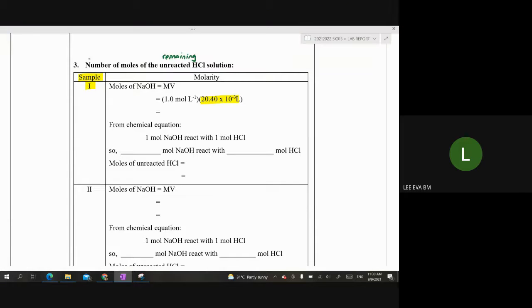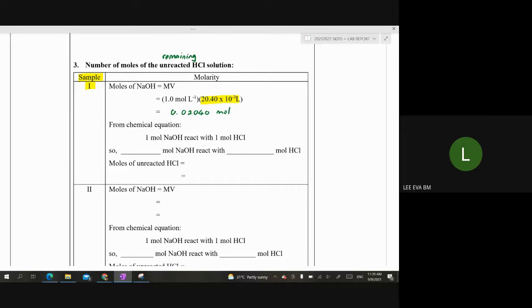Okay, let's just continue. So calculate the number of moles of NaOH for this sample 1. And you will get 0.0204. Okay, so similarly, since we're only using HCl with NaOH, so remember your balanced equation is still the same.